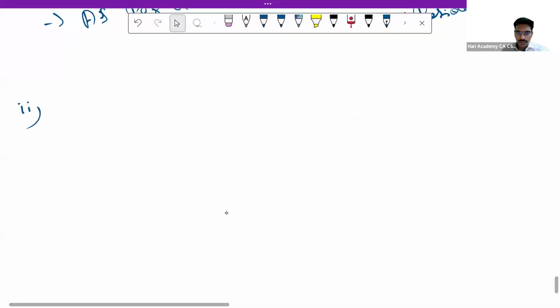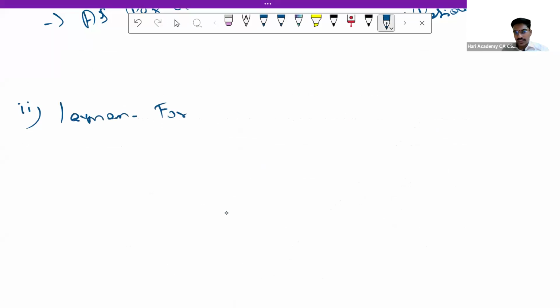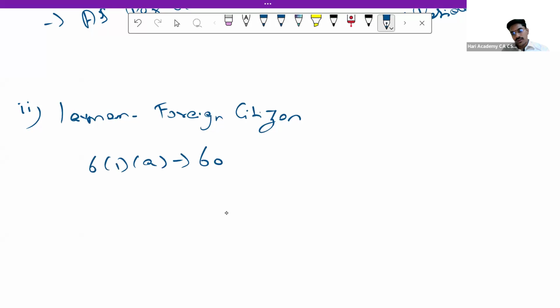So Lakshman is a foreign citizen. For a foreign citizen, 6.1a is 182 days or more.